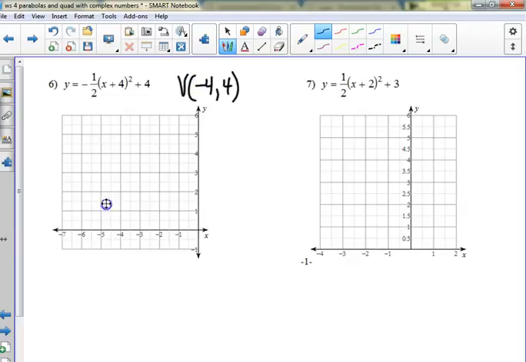Negative 4, positive 4. Okay, so this time when I go 1 either way, I'm going to go negative 1/2 times 1 squared, which is how much? That's just a half, right? So from this vertex, if I go over 1, I'm going to go down a half. Not a great ordered pair.